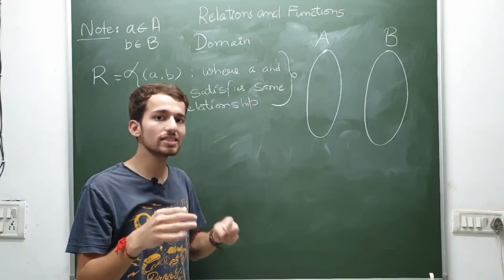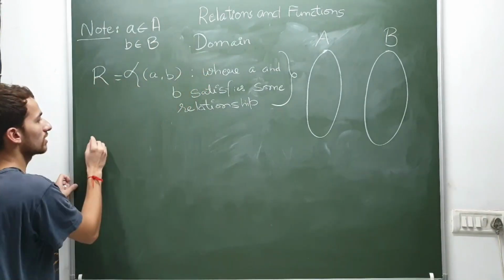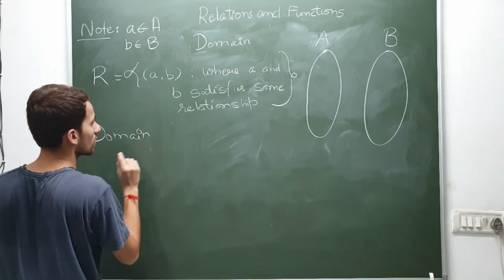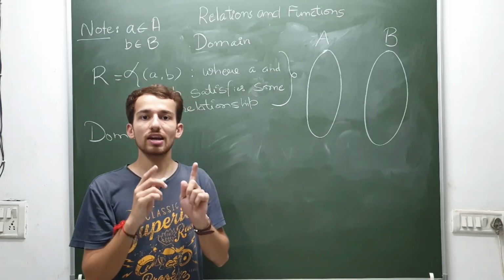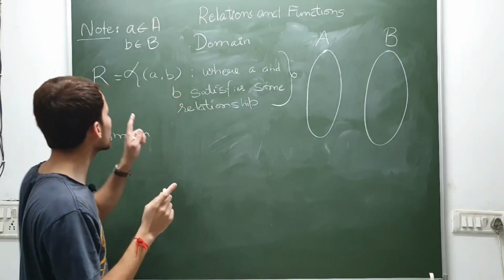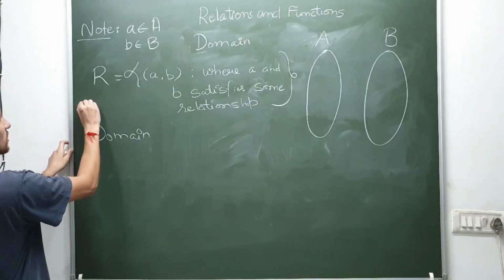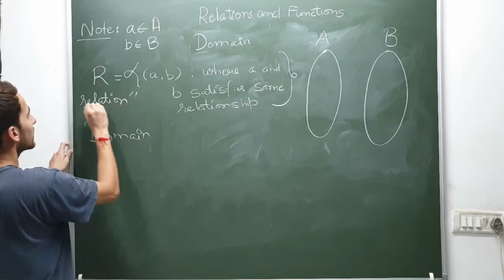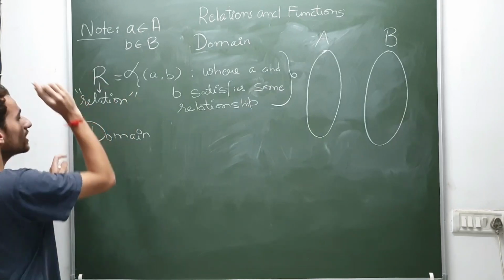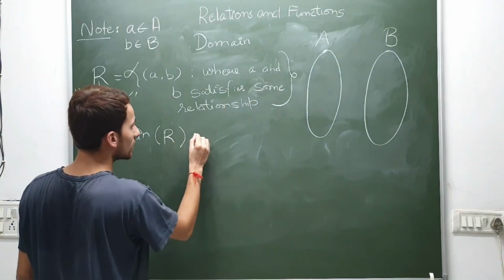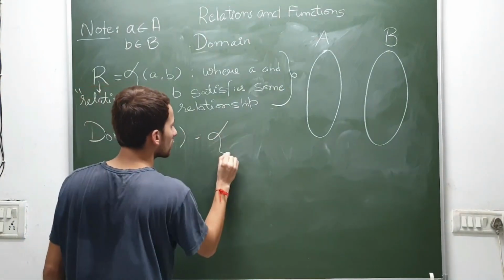Now what is this domain basically? This domain we are now defining in the context of this relation capital R, which was defined from set A to set B. So the domain of this relation R is nothing but a collection.